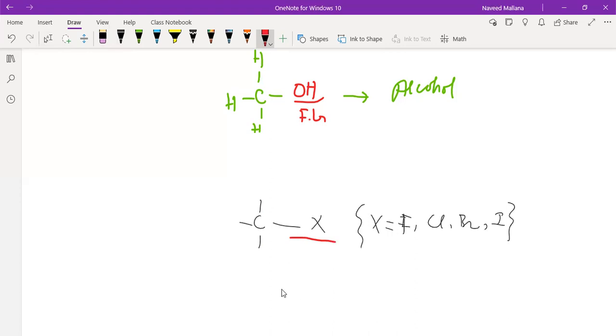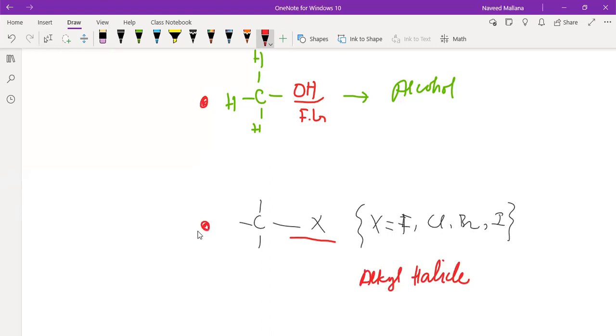And the molecules containing halogen as a functional group are called alkyl halide. What are these called? These are called alkyl halide.